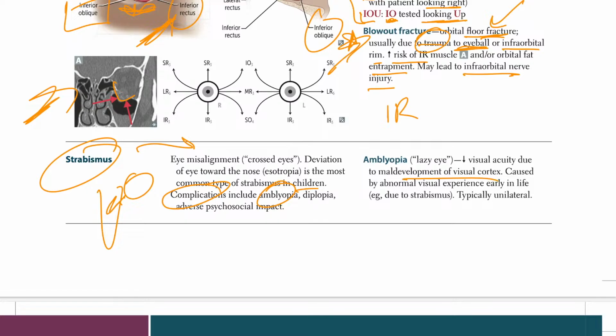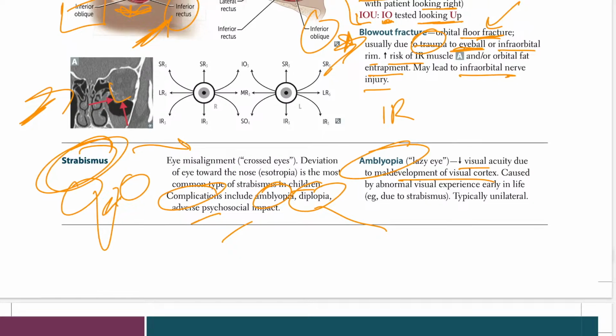It's just going to decrease visual acuity. Okay. Diplopia, double vision, and because they won't look good, they will have some psychosocial impact because of how they look, right? So this is strabismus and amblyopia.